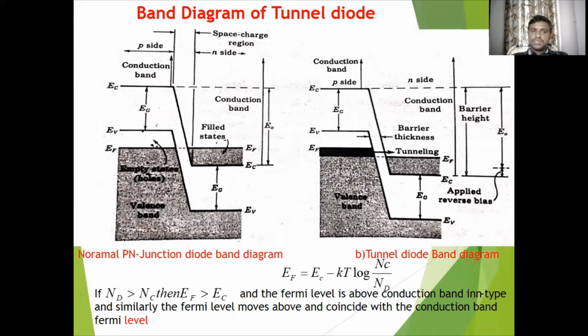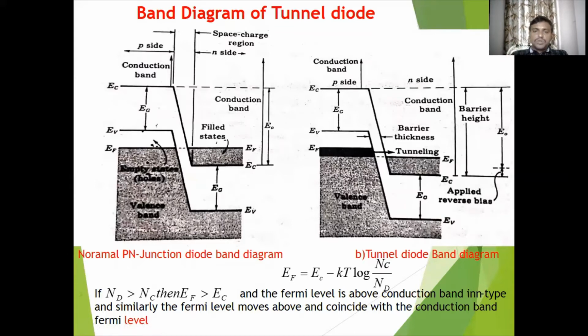So the Fermi level in the P side is nearer to the valence band energy level, and in the N side it is nearer to the conduction band energy level. Now we have to see the Fermi levels of the n-type and p-type semiconductors in a tunnel diode.